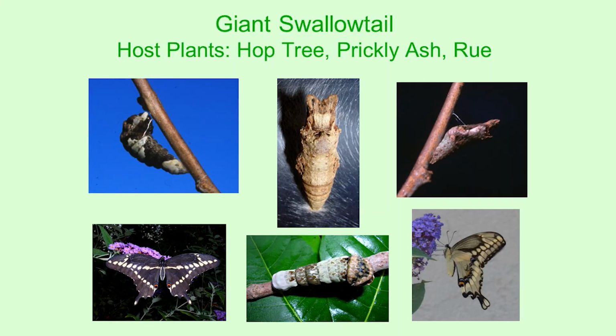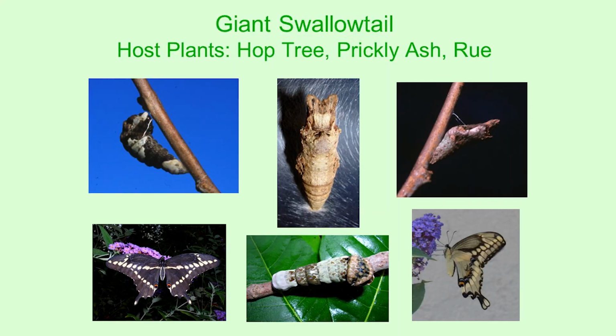The giant swallowtail is called one of the bird-dropping butterflies because their caterpillars look like a bird dropping. That's that bottom center picture.